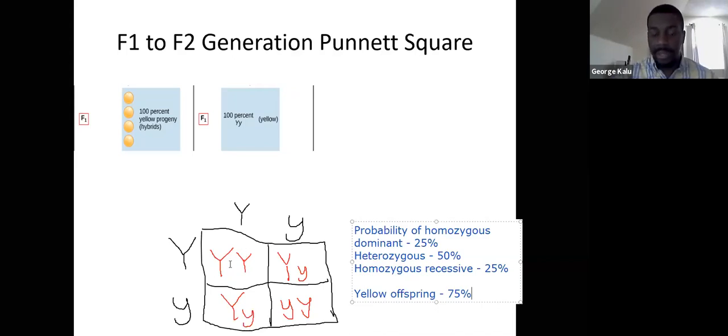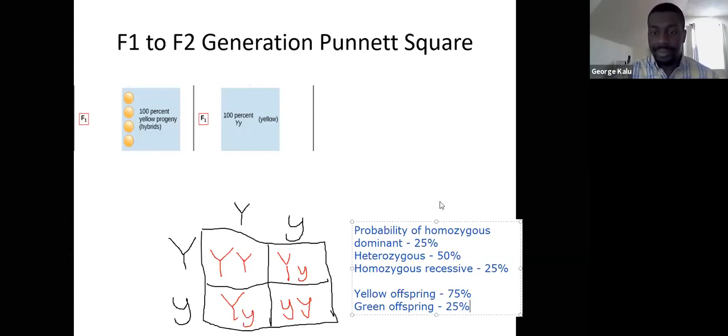This one has the big Y, which codes for the dominant allele. This one has the big Y and the little y, but because the big Y is dominant, it's going to mask the recessive one, so we're going to see another yellow offspring here. Same thing over here. And then what would be the probability of having green offspring? Right, 25%. The only way you're going to see green offspring is if you're looking at a homozygous recessive individual here.